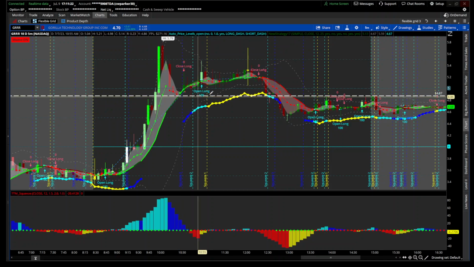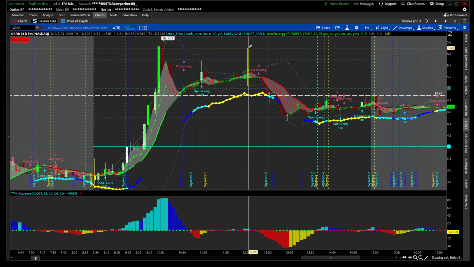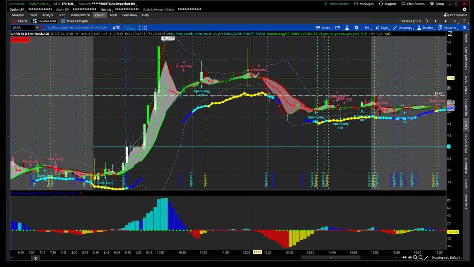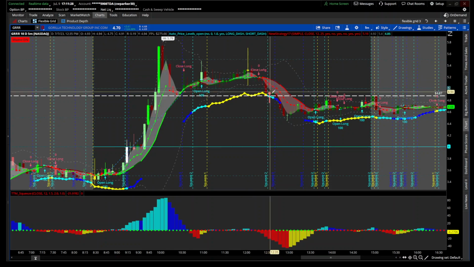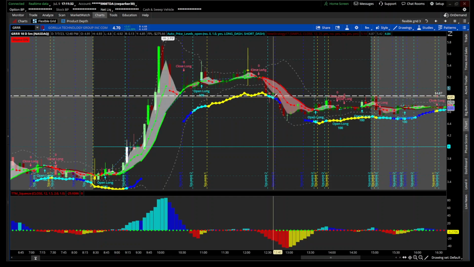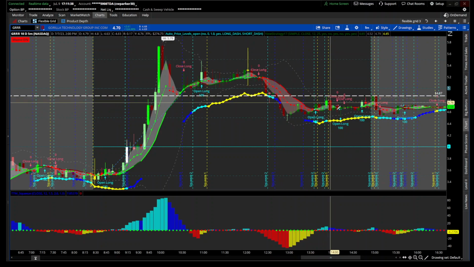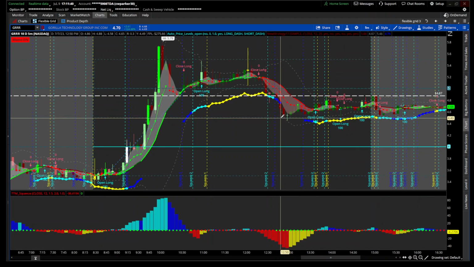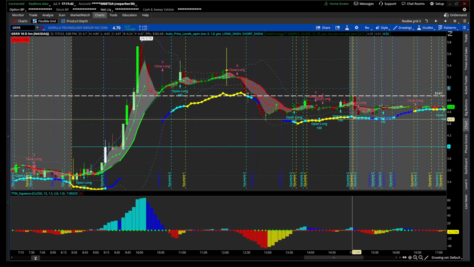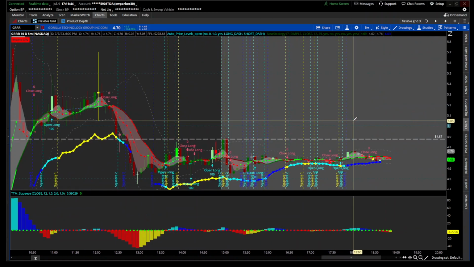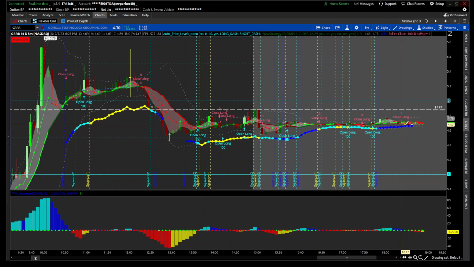So retested it here, pushed up, tried to push up higher, but wasn't able to. And then it came back to this level right here, found some support, but then collapsed below. The attempt was to push back to that level, but it couldn't. But it did find support at this 4.50 level, and it just was channeling from there.